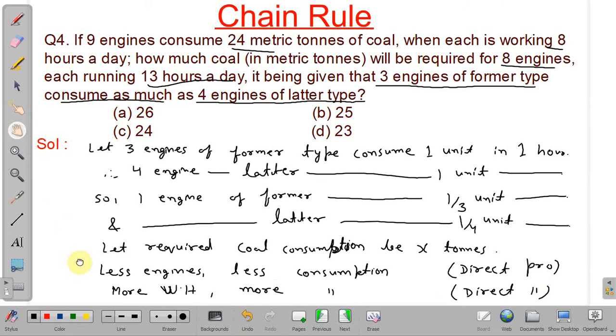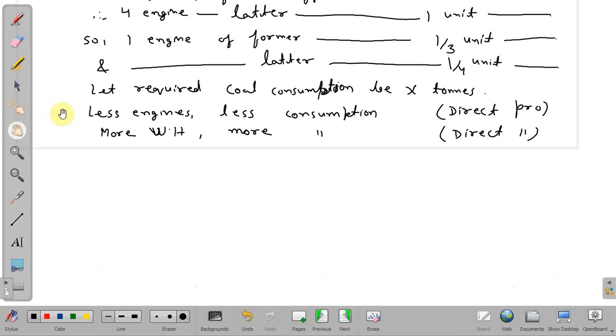And next parameter is rate of consumption. Less rate of consumption, because in first case rate of consumption is 1/3 unit, second case 1/4 unit. So less coal will be consumed, so less consumption.